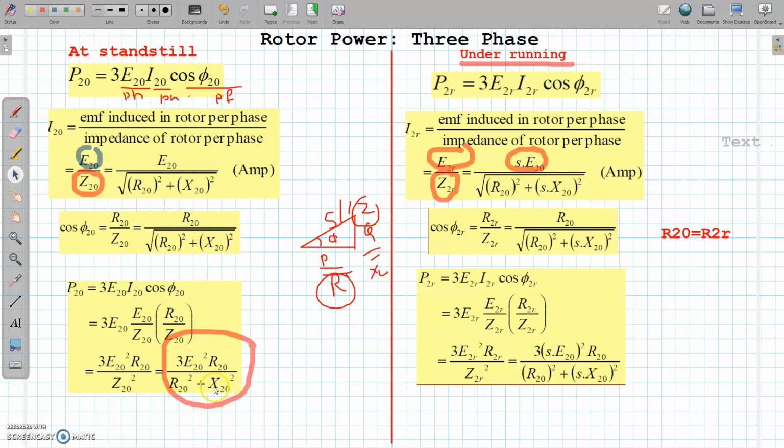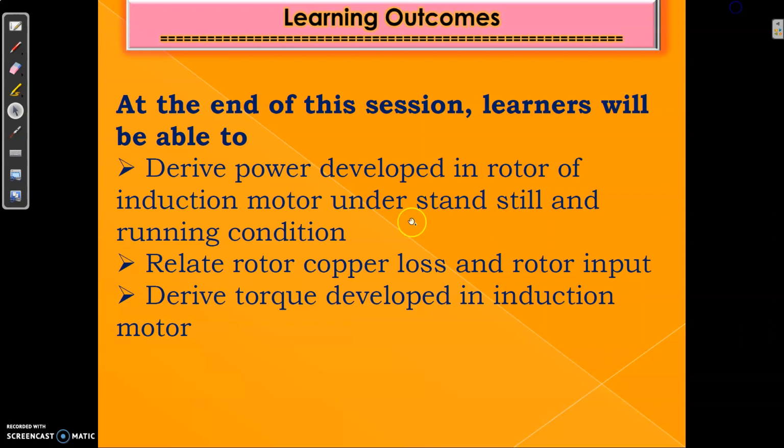So see what is the change. Here it is X20, here it is S into X20. Here it is E20 square, here it is S into E20 square. It indicates that standstill power does not depend upon the slip, but under running condition the power depends upon the slip.